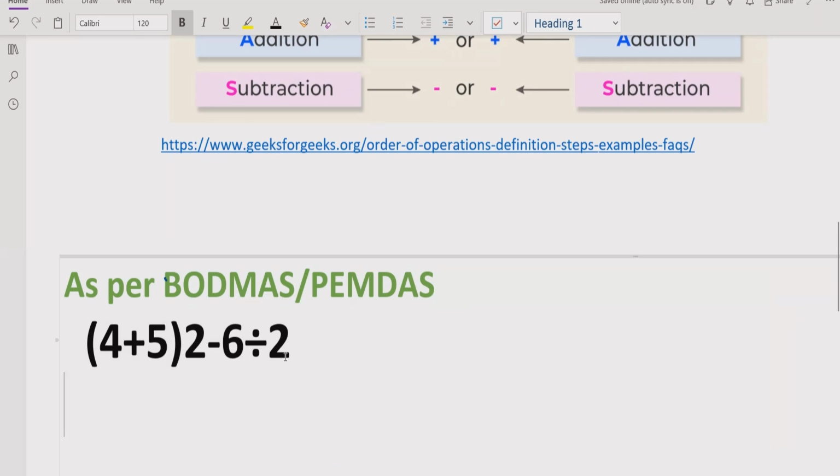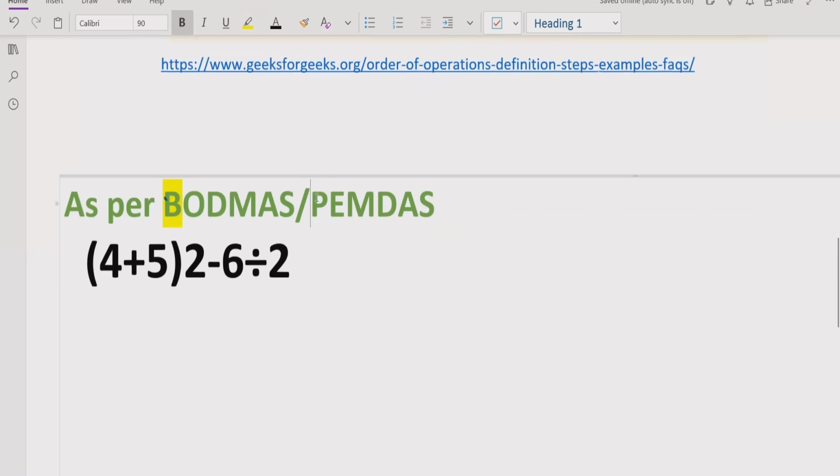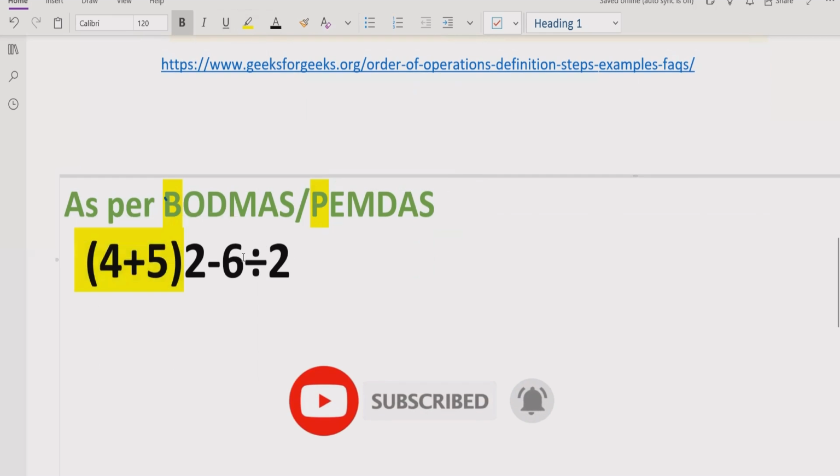And then minus 6 divided by 2. Now we have to solve this. As per BODMAS and PEMDAS, we first solve the bracket, or the parenthesis. So in our expression we solve this part first.